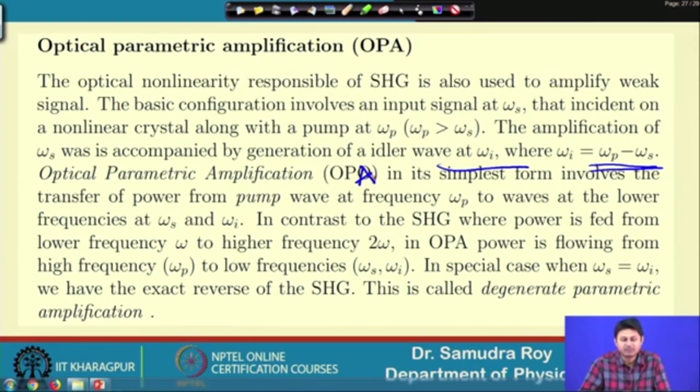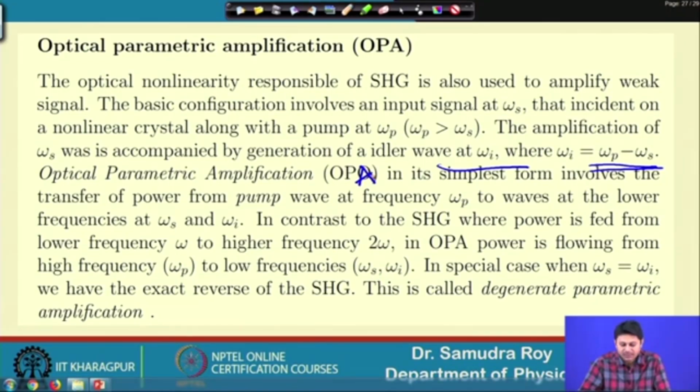In the previous class and this class also, we dealt with the generation of omega frequency from 2 omega frequency, and omega and 2 omega are the degenerate frequencies. That is why they are degenerate.